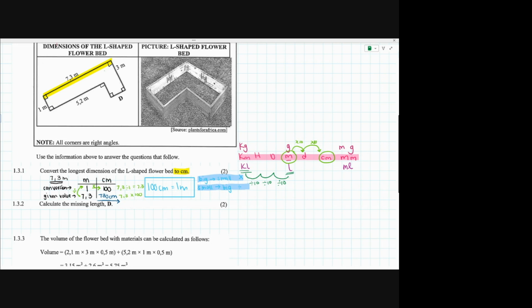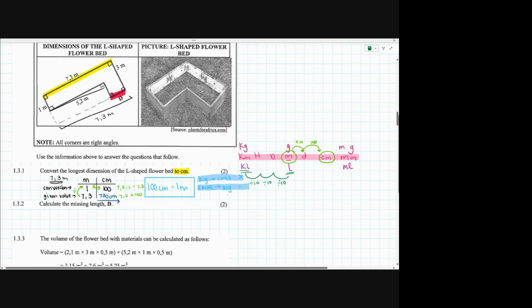All right, so the next question says calculate the missing length D. Right, so if we go and have a look at D, here it is. And what I want you to notice is that if technically we extended this side over here and all the way across, we would just form a big rectangle. And so what that means is that this bottom length down here should also be 7,3 meters.